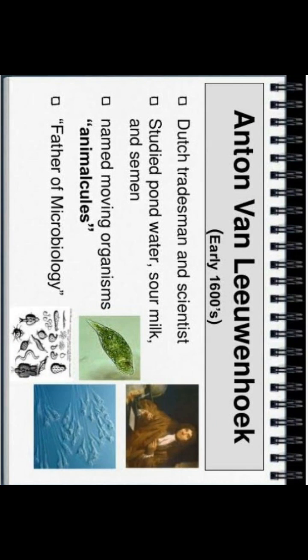So now students, let us see the important information regarding Antony van Leeuwenhoek. He was a Dutch tradesman and scientist who studied pond water and sold milk and cement. He named those organisms animalcules. Hence, he is popularized as the father of microbiology. Father of microbiology. You know microbiology, the study of microorganisms, is called microbiology. It is a branch of biology, right?